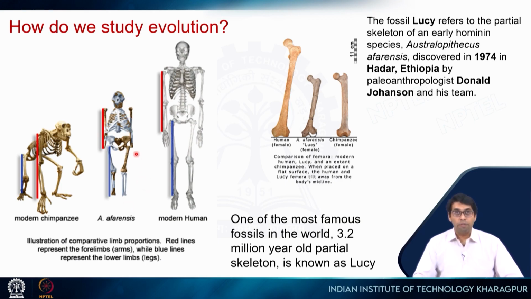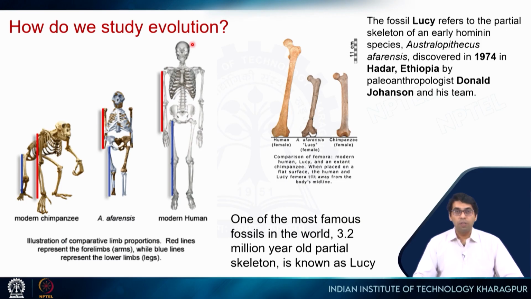From the skull, you can tell that the brain of this species was not very big. It was not as large as the modern human, but somewhere similar to the modern chimpanzee. So you can conclude that walking upright evolved earlier than the increase in brain size. This is how we can draw all these different conclusions.